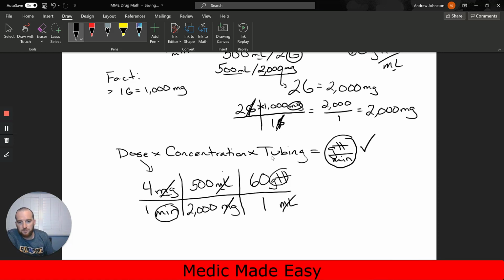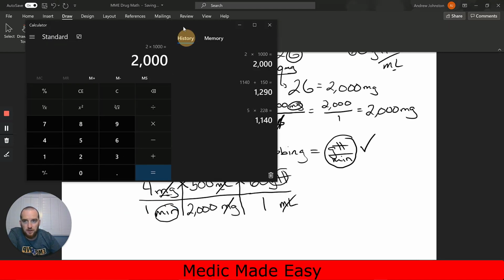Okay. So I have all these boxes laid out. What we do is cancel those units top to bottom, but then we're just going to multiply across. So we're going to do 4 milligrams times 500 times 60. Let's get my calculator back out.